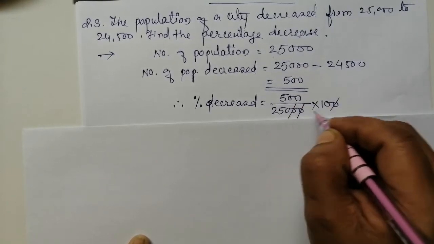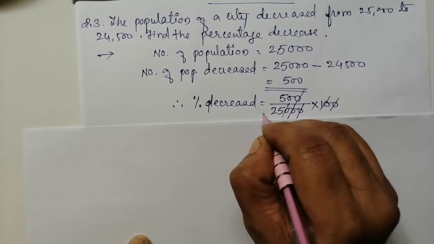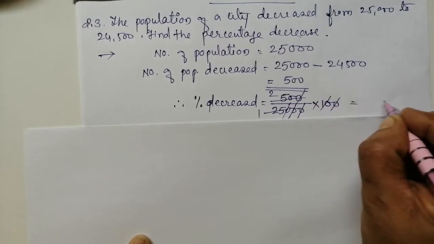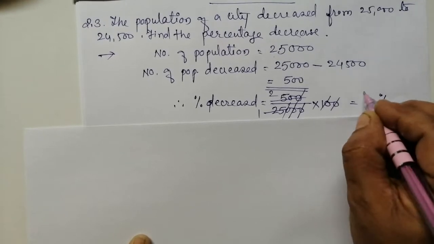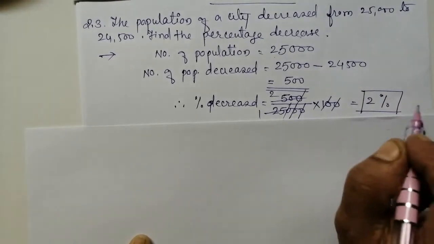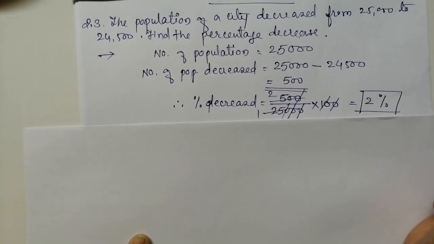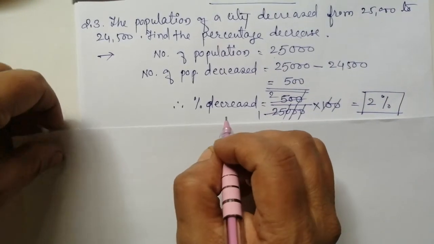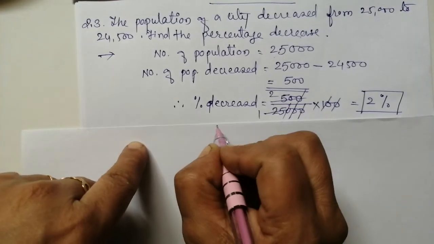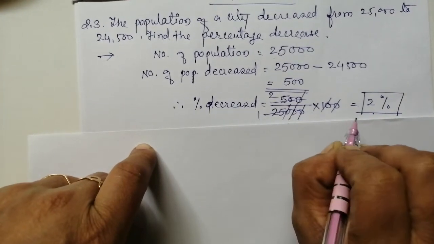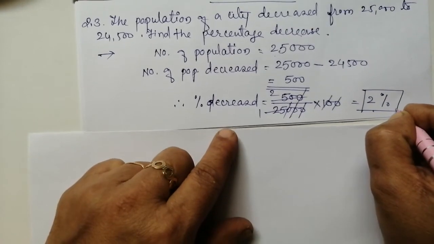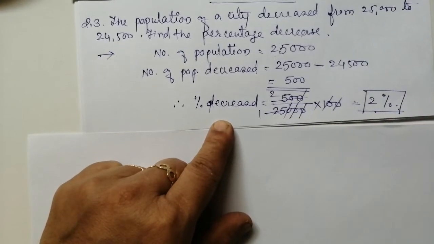So 25 ones are 25, 25 twos are 50, that means there is a decrease of 2%. So we can write thus the percentage decrease is 2%, the population is decreased by 2%. Okay.